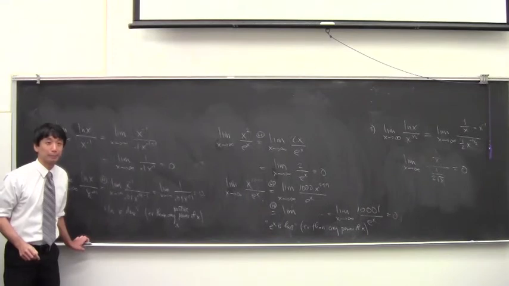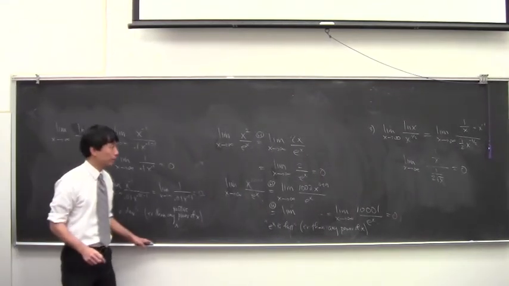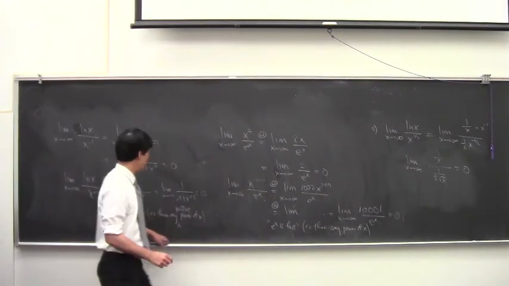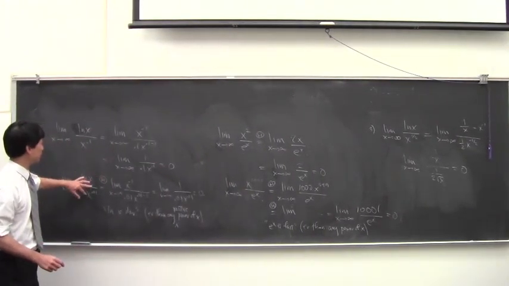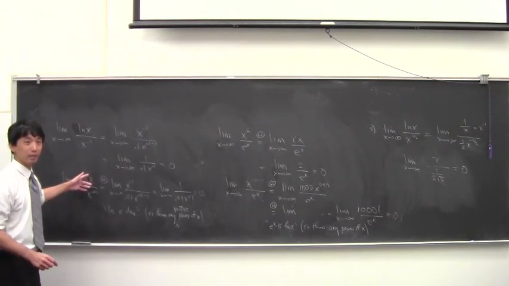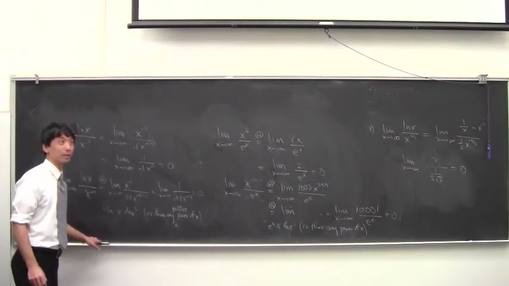So if e to the x was in the numerator, then the answer would be infinity. If natural log is in the denominator, then we get infinity.